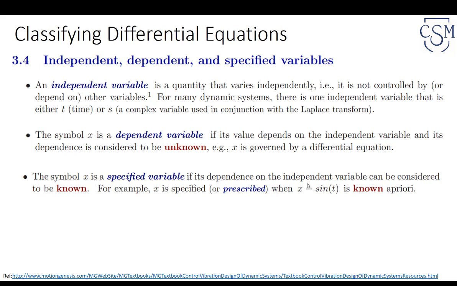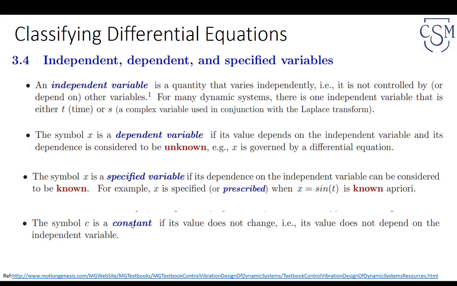If we know ahead of time, for example, that x depends explicitly on sine of t, our independent variable, we call it a specified variable. A constant is just a scalar that does not change and is not dependent on the independent variable.